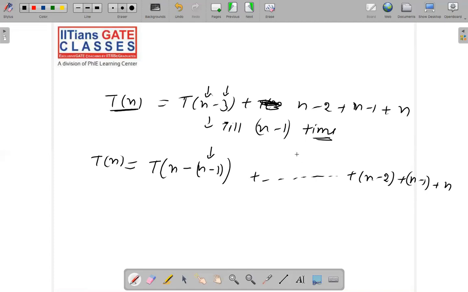If we have iterated this n-1 times, what happened in between these iterations? Here you have seen n-3, n-4, something like this. And what is the last term before n-1? What was here? n-2. What was the value here? n-2, which is actually 2.